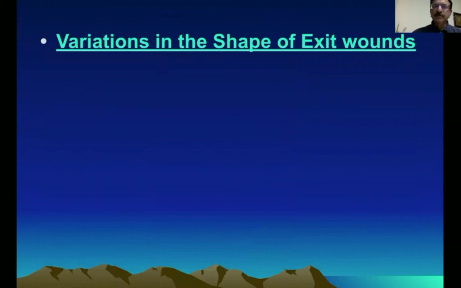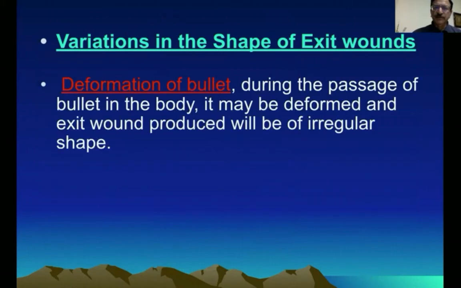Then something about variation in the exit wound. If the bullet is deformed during the passage within the body or sometimes outside the body, the exit wound produced will be irregular in shape.